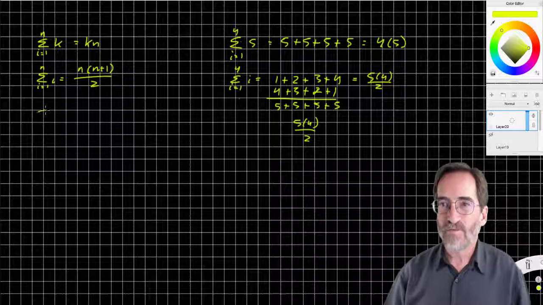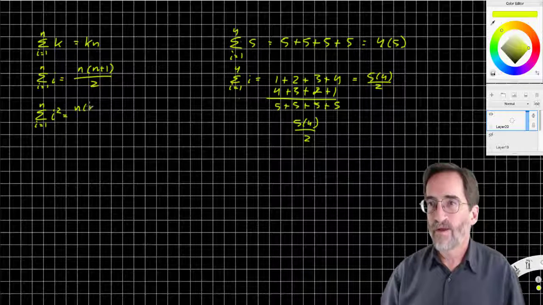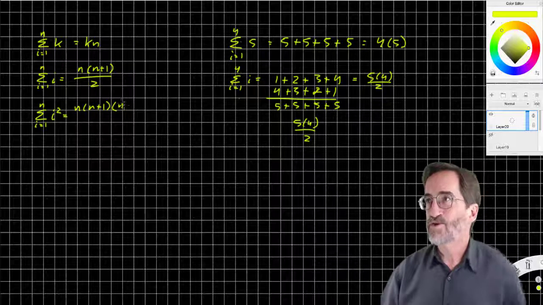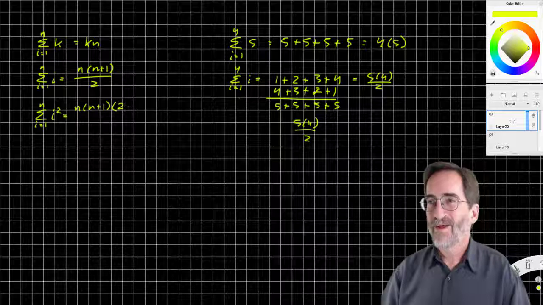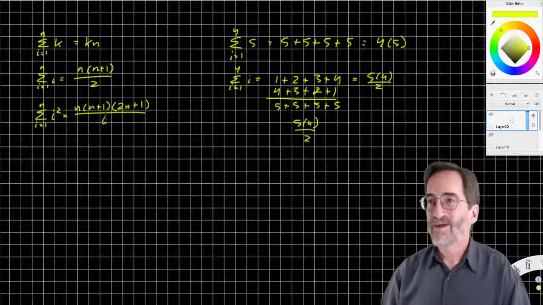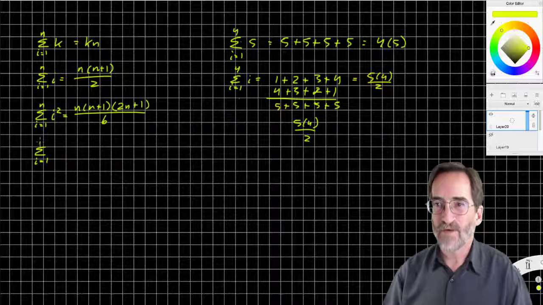We also have the sum from i equals 1 to n of i squared being n times n plus 1 times 2n plus 1, divided by 6. I don't have these memorized, and I should actually. Usually by the time we do a few problems, I've got it memorized again. There are more formulas here; these are the ones given in the lesson.